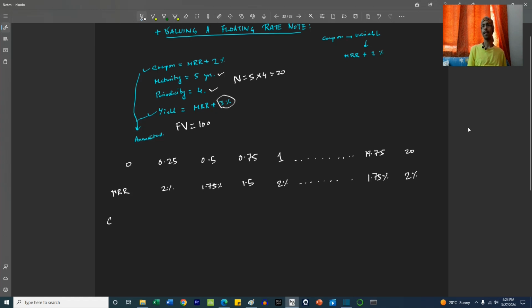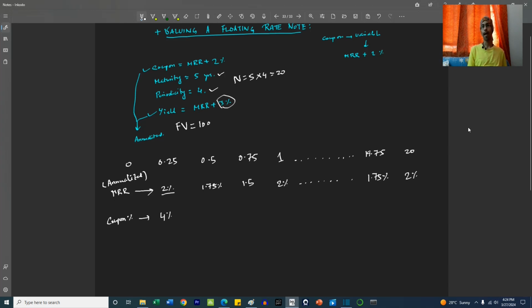Okay. Therefore, now we are in a position to calculate first the coupon percent. Coupon percent at this period will be 4%, but it will not be 4%, guys. Think once again. These MRRs that we get are annualized rates, right? And this coupon rate that we have got is also an annualized coupon rate.